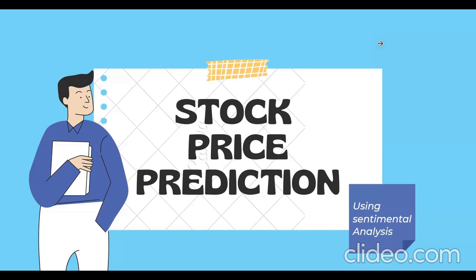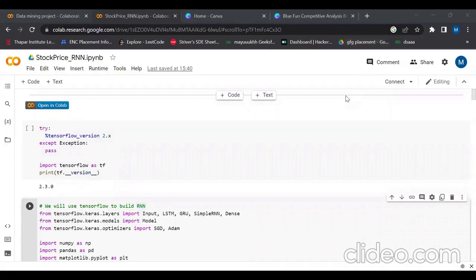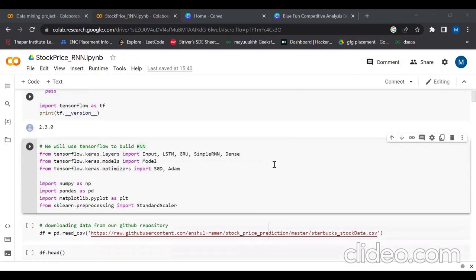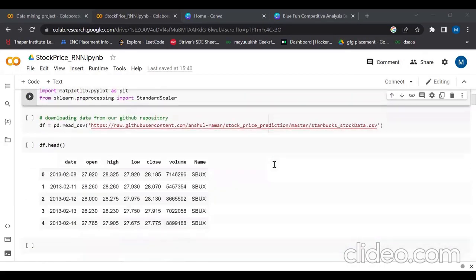We implemented both the sentiment analysis and historical data models and together used the results to create an effective market prediction model. So, initially, we started with the basic solution for predicting stock prices from previous stock prices, and the model we used for training the purpose is the recurrent neural network model.